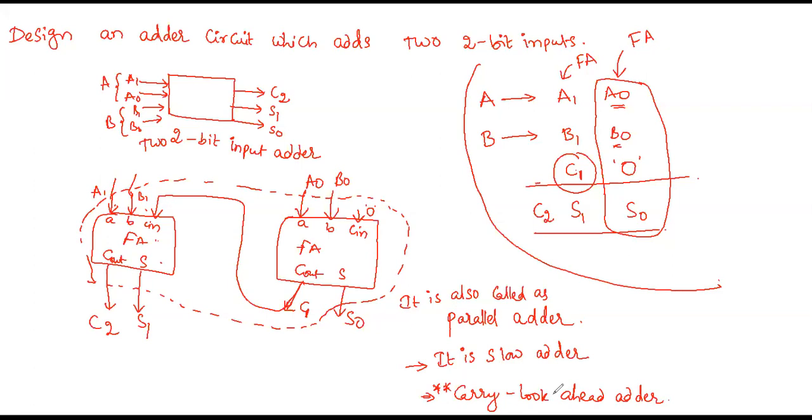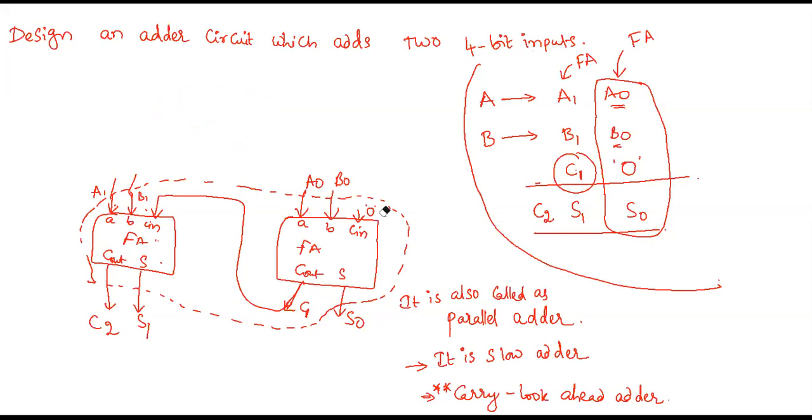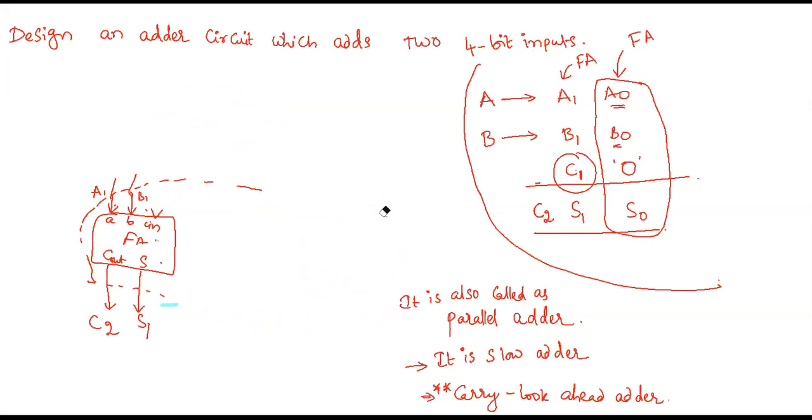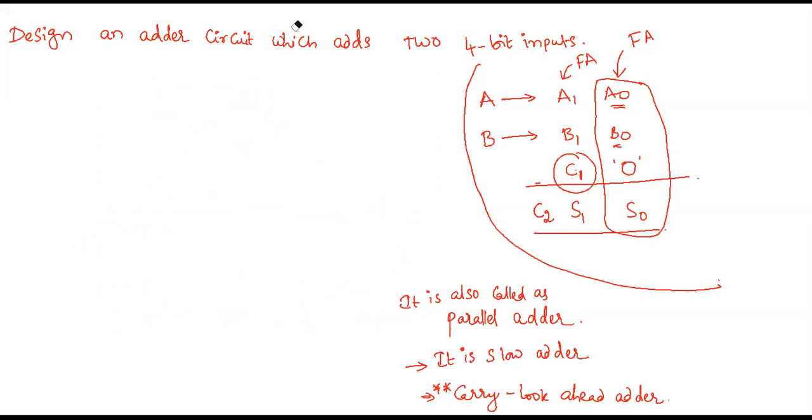Okay. Here I have drawn 2-bit inputs, and now give a try of two 4-bit inputs. Two 4-bit inputs means A has length 4 bits, B has length 4 bits.